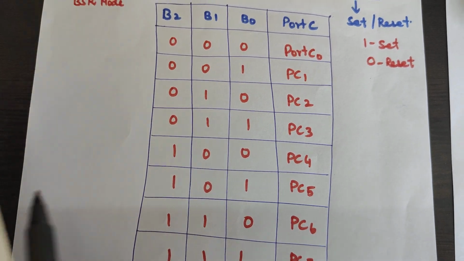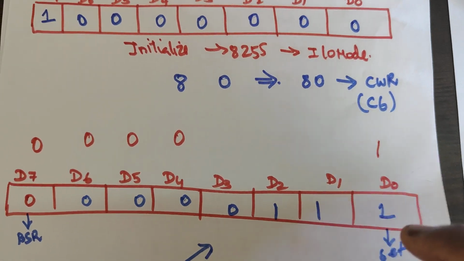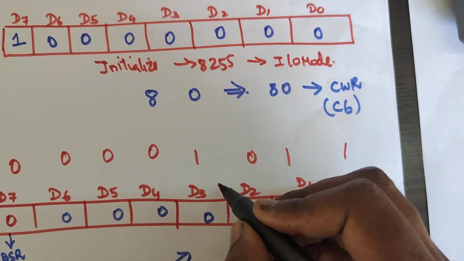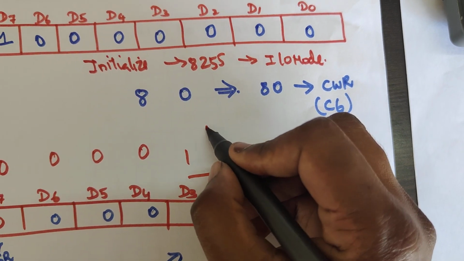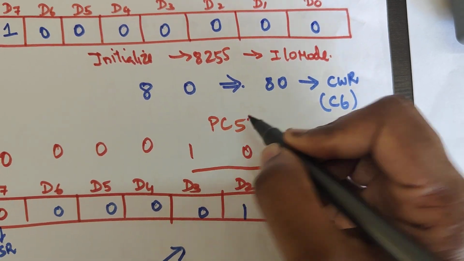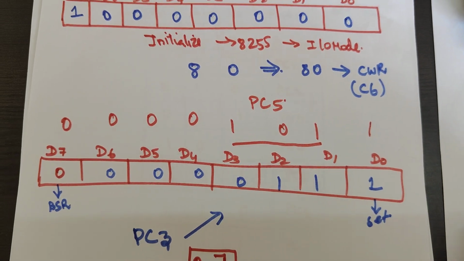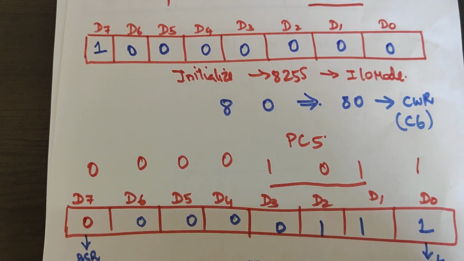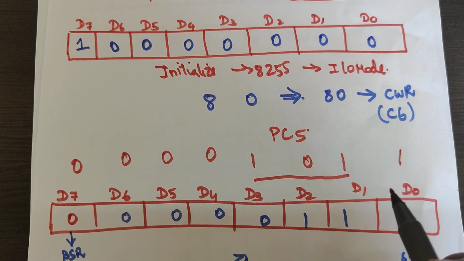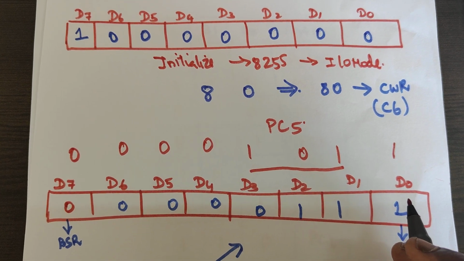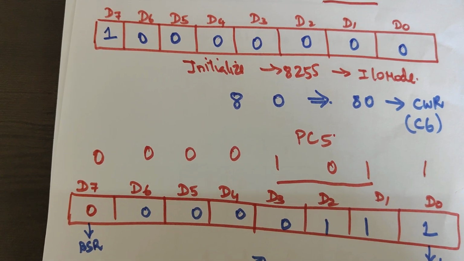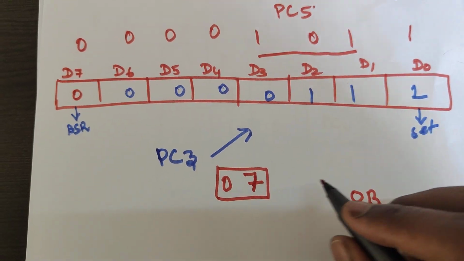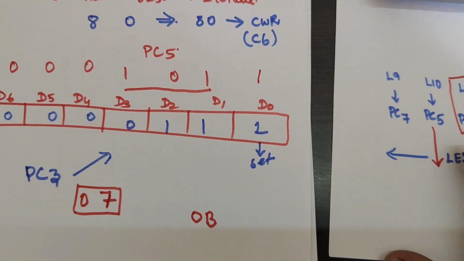Load this 101 in D3, D2 and D1. This particular value will set your port C fifth pin. So now find the value: 0, 0, 0, 0, 1, 0, 1, 1, which is 0B. So instead of 07, I should load 0B.